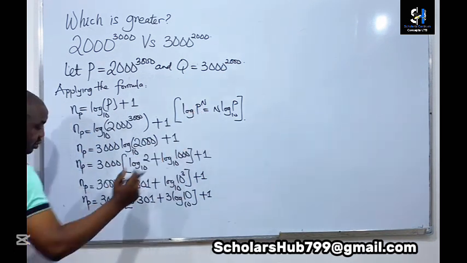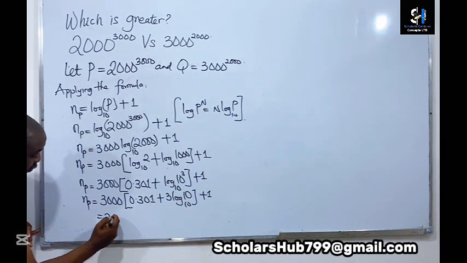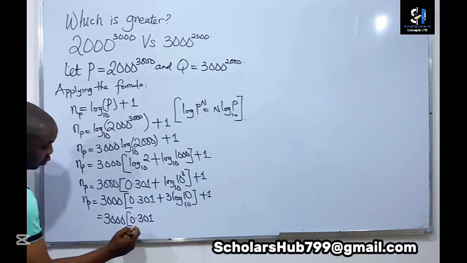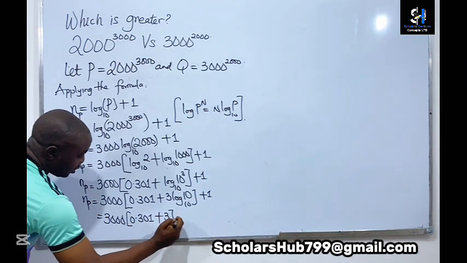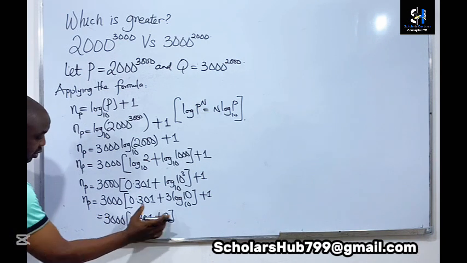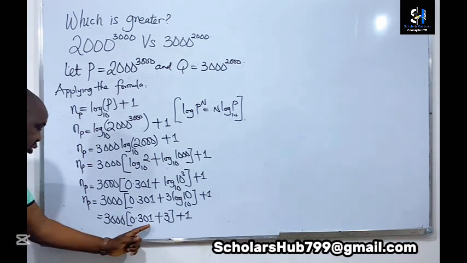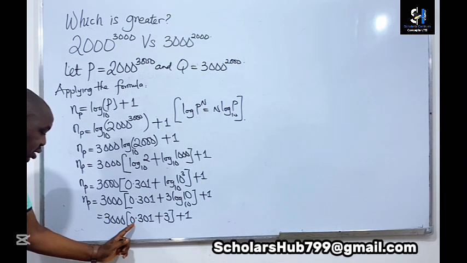I just apply this property. So this becomes 3000 multiplied by 0.301, then plus 3, then plus 1.